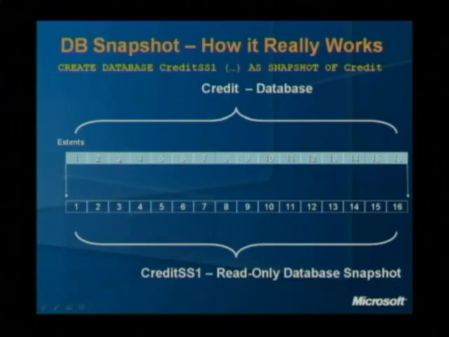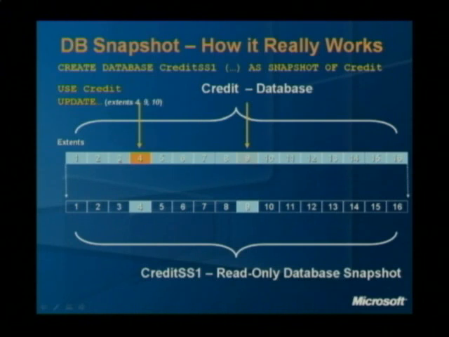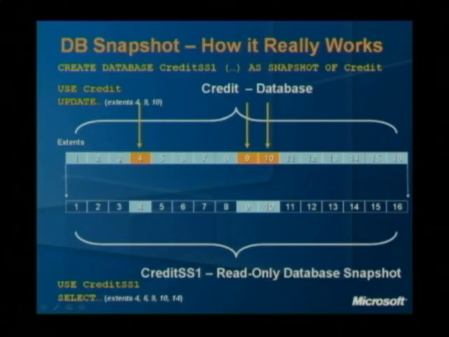Once the data changes, you have a copy on write mechanism that literally says, oh, use credit, update, and a couple of extents get updated. Those extents end up being copied to the snapshot. But only those extents. Then somebody wants to do some type of select, and what will happen when you select through the snapshot is they will look to see if the extent is in the snapshot, and if not, they'll go through it to the base database.